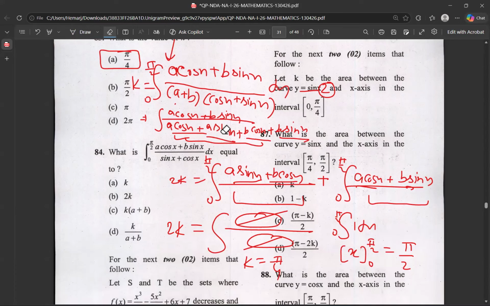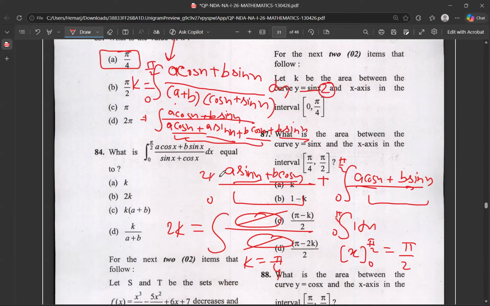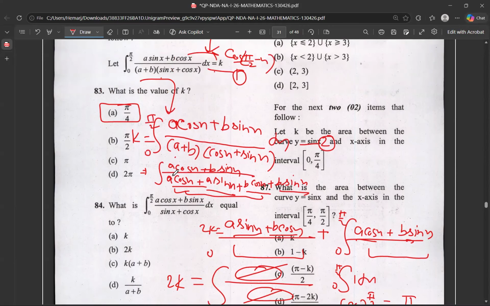Now our question 84. What is the value of integration 0 to pi by 2 a cos x plus b sin x divided by sin x plus cos x? If you see, this expression is somewhat similar to our equation 2, but just a difference of a plus b.